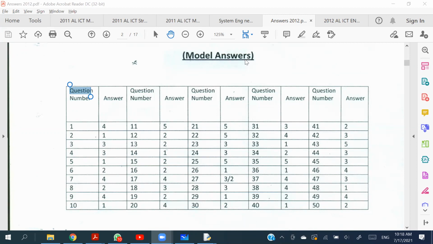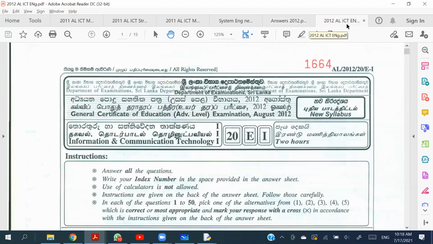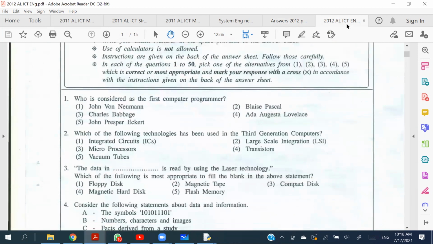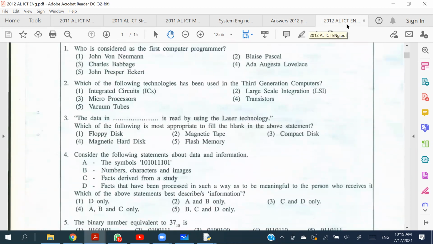Right, so let's start discussing. We got all the things. So the first we have, fourth one to discuss. Consider the following statement about data and information.